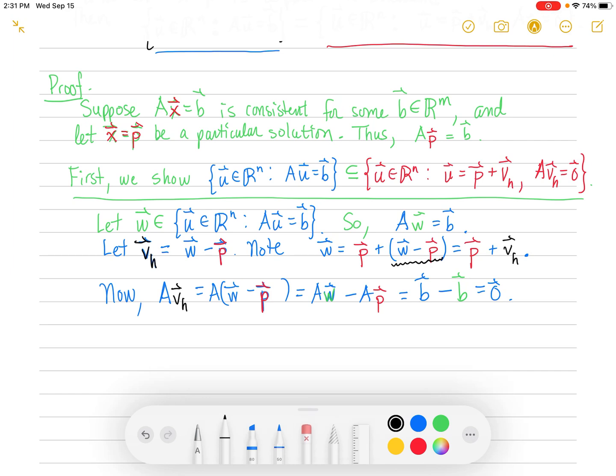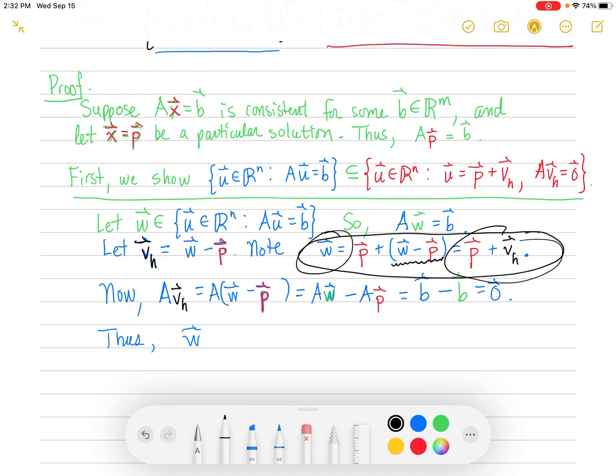Okay, so good stuff. We can conclude here that W, since it's of the form P plus VH, as right here, and because A times VH equals a 0 vector, is an element of this red set.